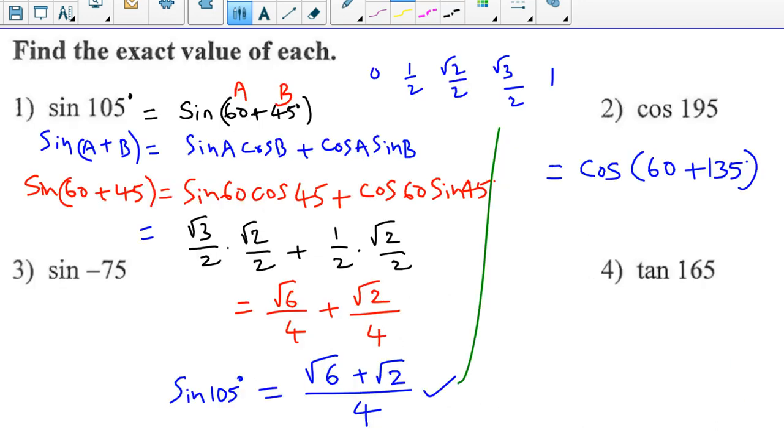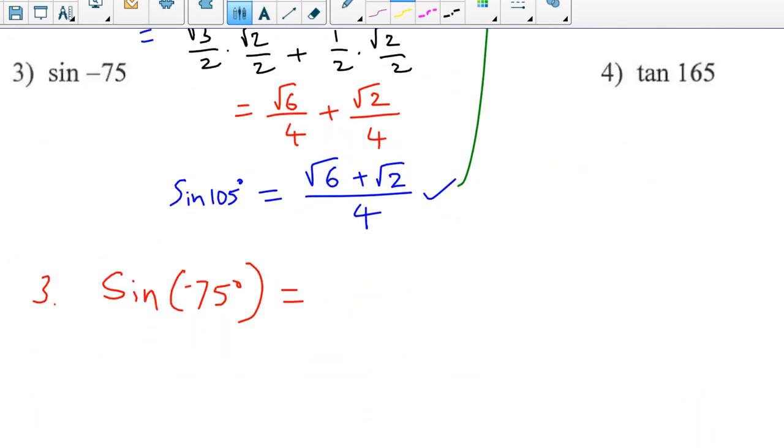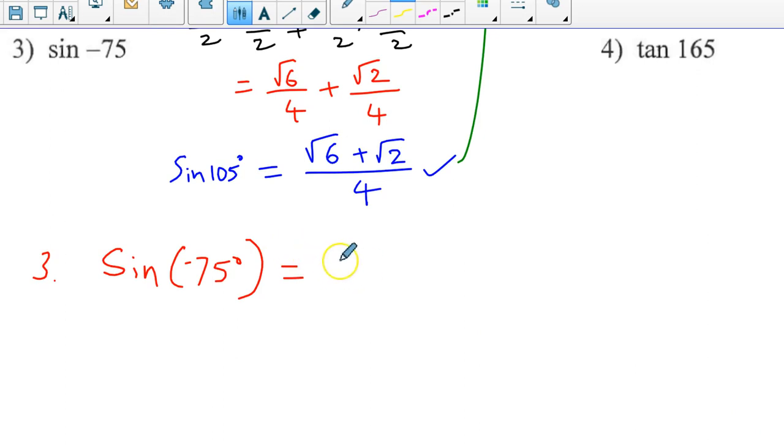So therefore this sine negative 75, you will change it to sine 45 degrees minus 120 degrees.